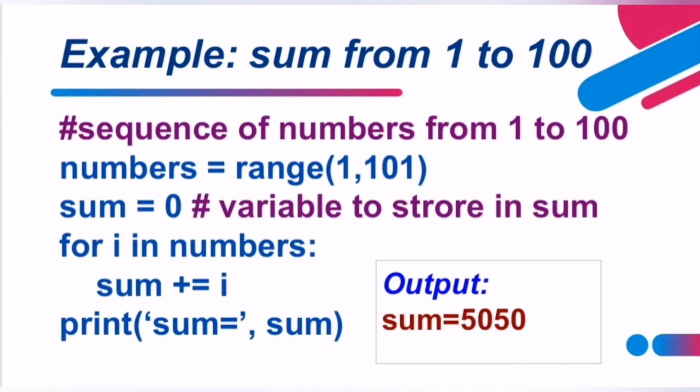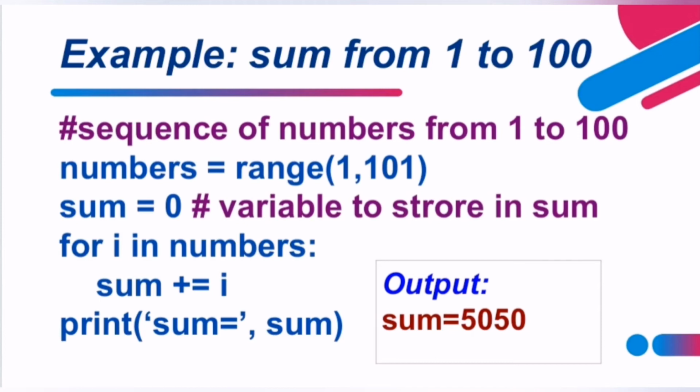Here I will take the variable numbers, and then I will define the range function from 1 to 101. Why will we give 101? Because it will take values less than 101. So it will start from 1 and go to 100. If you want to take the last value 100, you will add one more, so I will take 101 here.